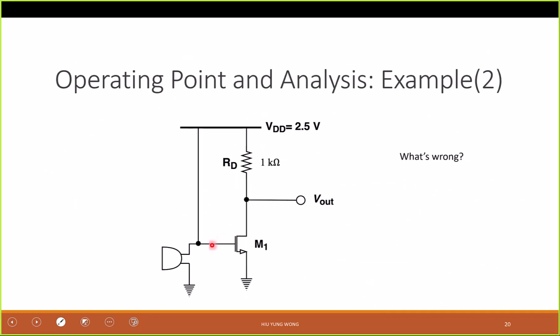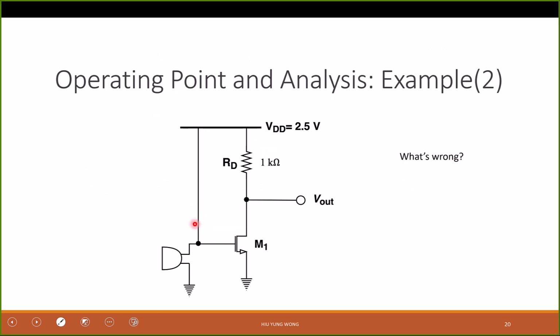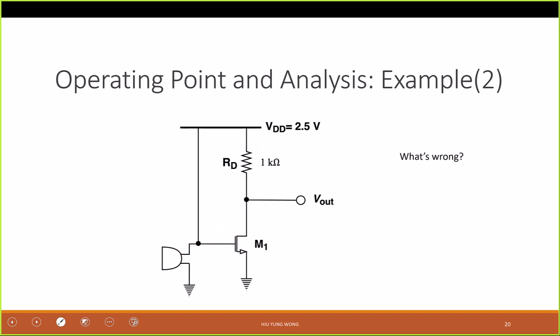How about this one? So we follow your suggestion. I have a DC bias, and then I connect to this microphone. Is it going to work? No. Why? Very good. Yeah, because it's a constant.